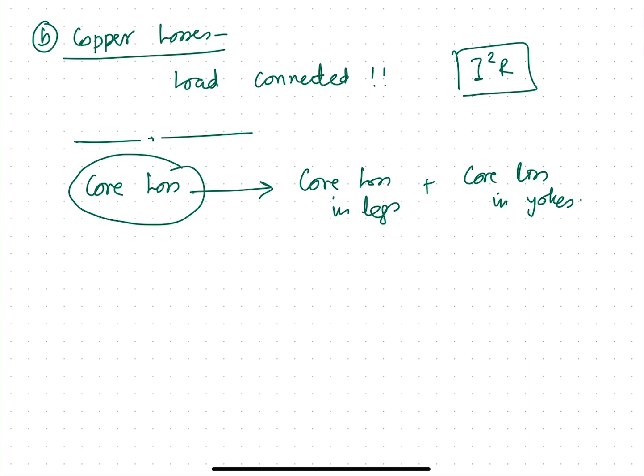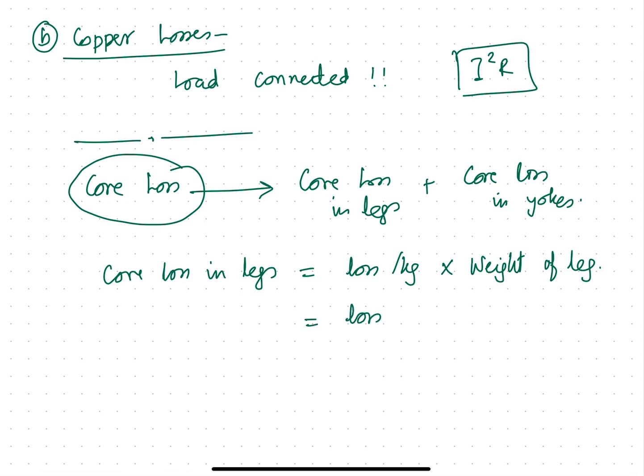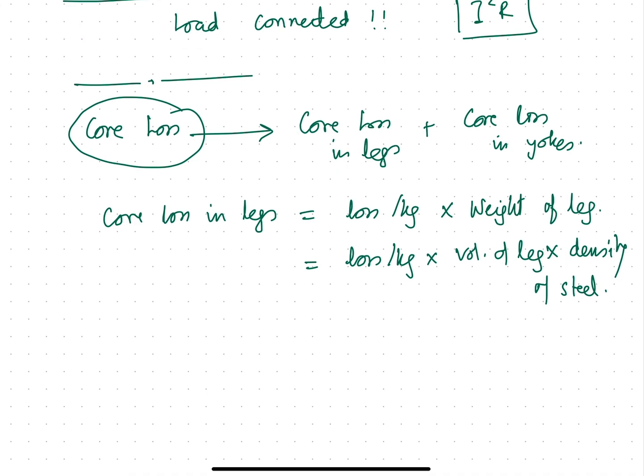We basically see the core loss in the legs as loss per kg times weight of leg, right? So this can also be found as loss per kg times volume of leg times density of steel, right?